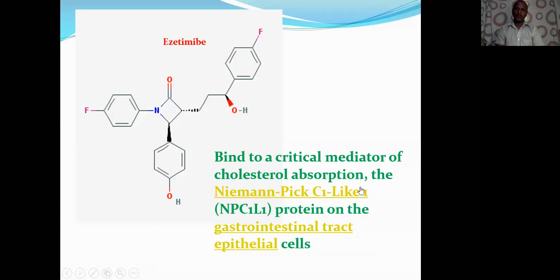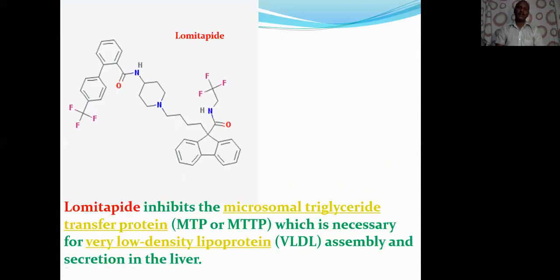Cholesterol binds to this protein, and this protein transports it from the GIT into the systemic circulation. If we inhibit this, the circulating cholesterol will be reduced. This is one class of drug, and this is another class of drug.